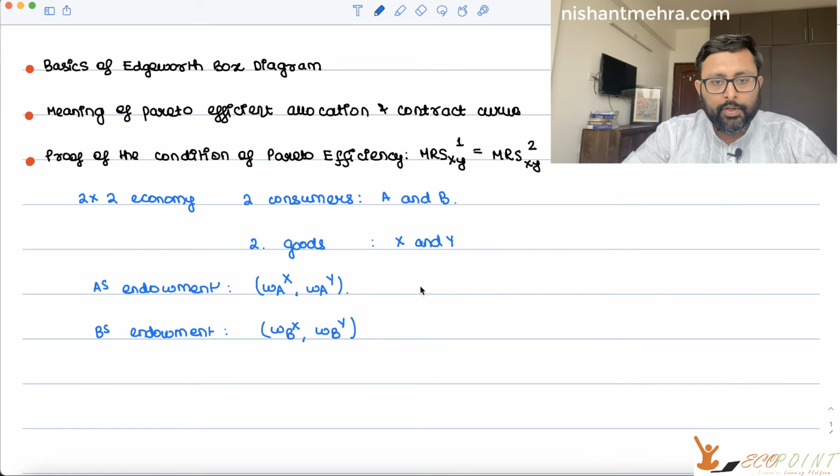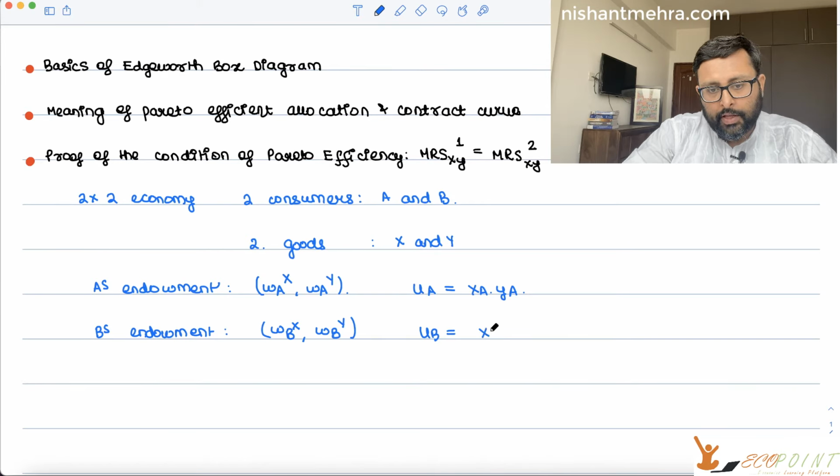What I'll also assume is a differentiable utility function. Say for example, individual 1 has the utility function xy. I should rather write individual A, UA as XA YA, and UB as XB YB.